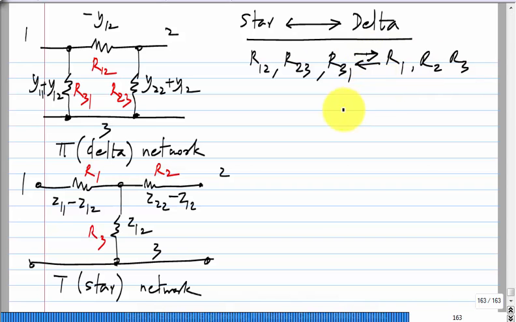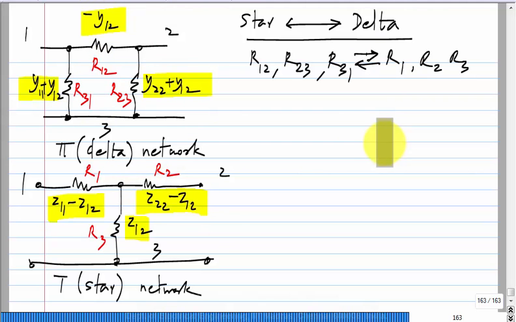Now you can do this any way. There are lots of ways to do this, but these expressions are already given, so it must be quite easy to do. You know that the Y parameters are the inverse of the Z parameters. So basically eliminate these Y's and these small Z's and get the expression in terms of these things. You get a bunch of symmetrical relationships.